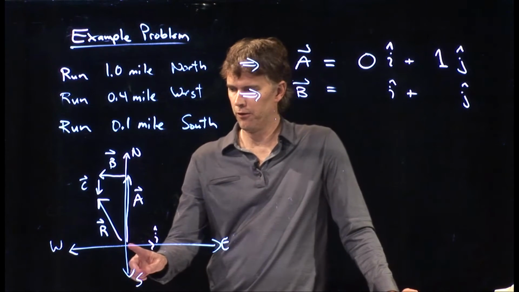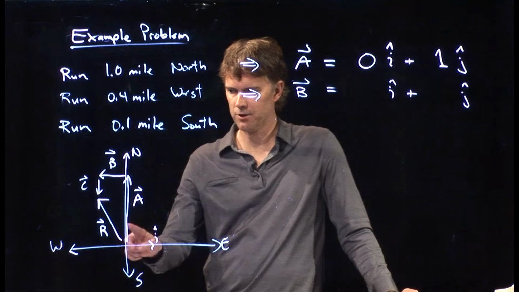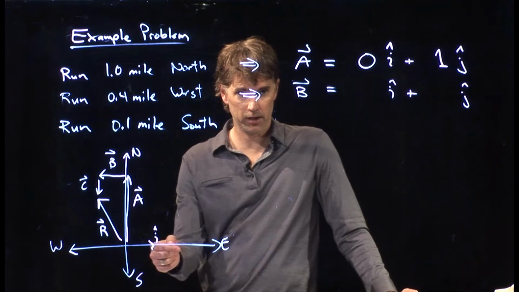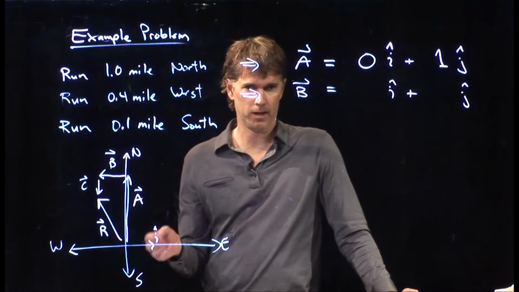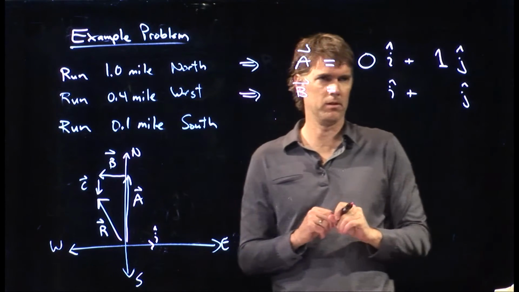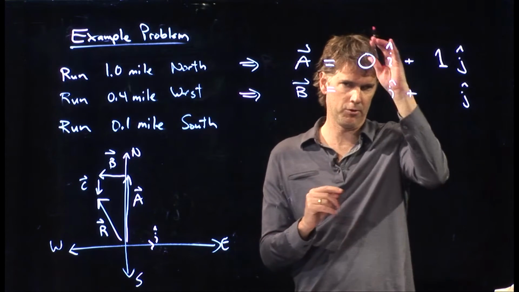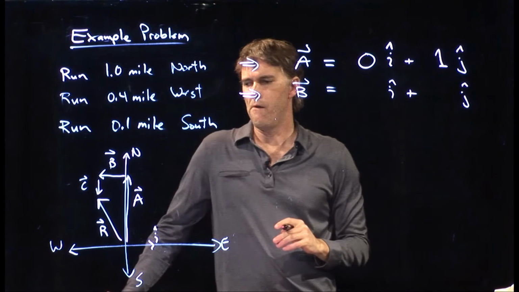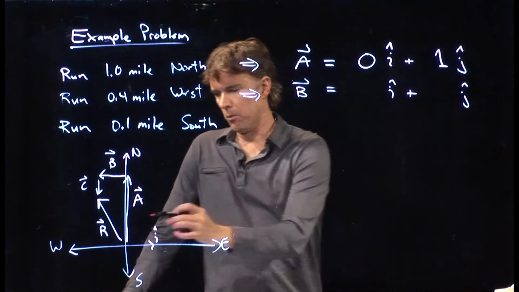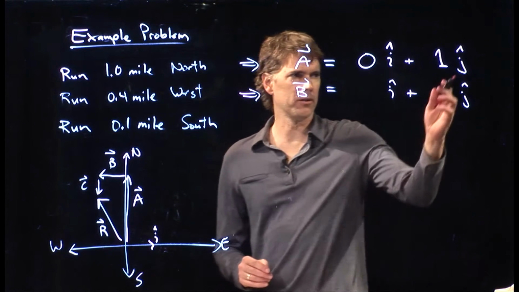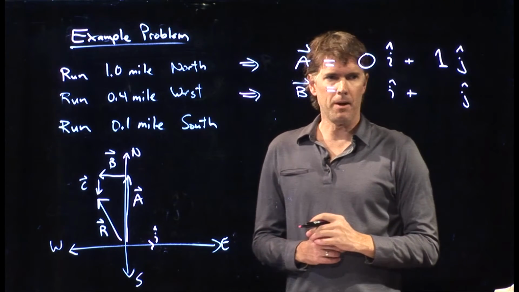Okay? So for the first vector, vector A, was it going at all in the I hat direction? It was going exactly 0 in the I hat direction. Okay? So we don't technically have to write that. We can just cross it out entirely, but we're trying to be clear here. All right. And of course, it went 1 mile in the other direction, which is j hat.